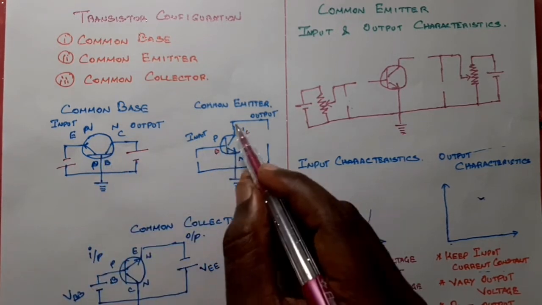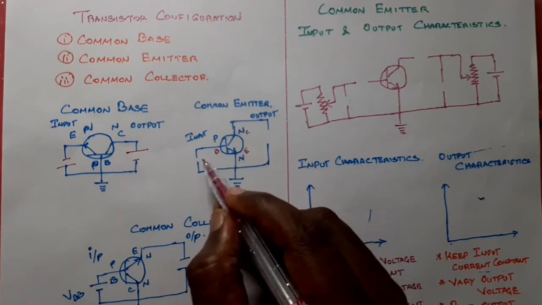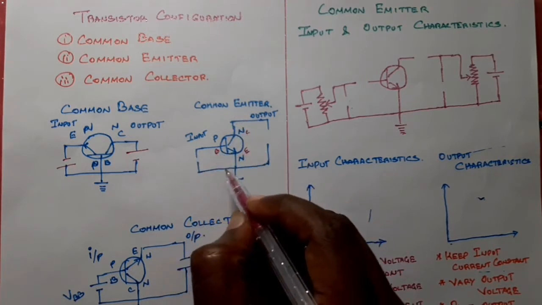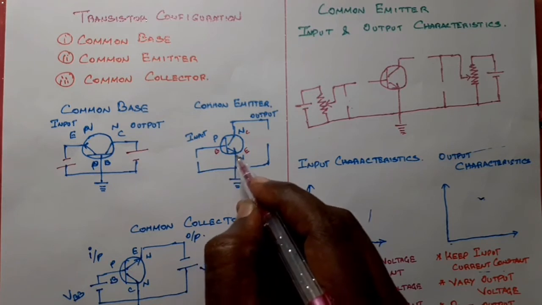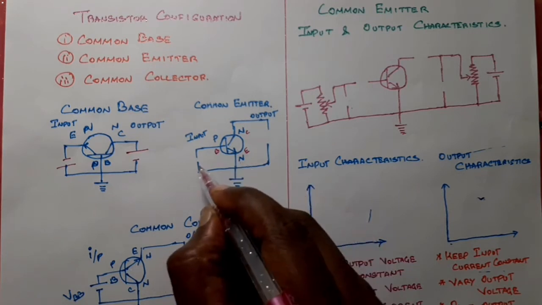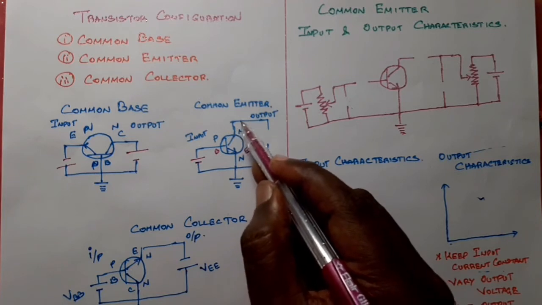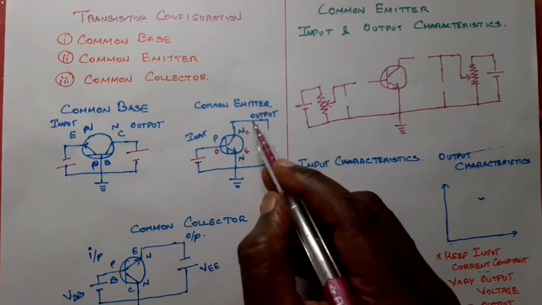Let us see here the common emitter configuration. For a common emitter configuration, this one is base and emitter. Think about only the emitter and collector. Emitter means what? Forward bias. This is N, and N is connected to the negative terminal. Then collector: collector base reverse bias.